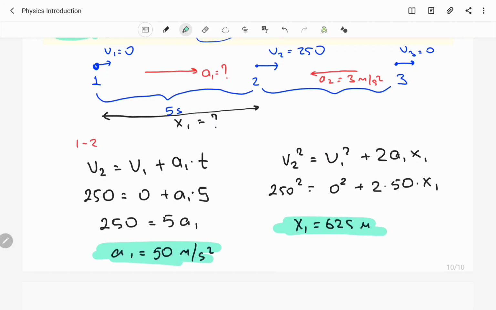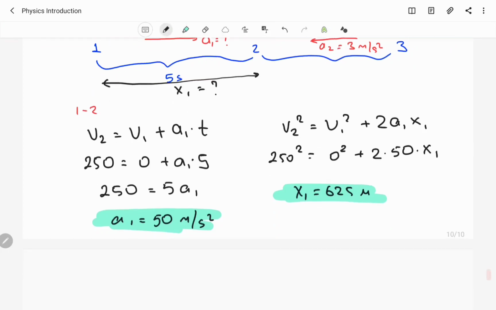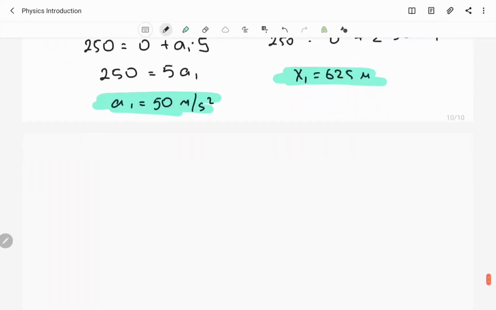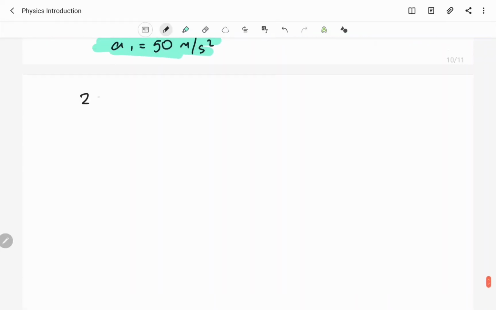Now let's write some equations between point 2 and 3. What we have: initial velocity is given for points 2 and 3, final velocity is given, acceleration is given. So we need to find the distance. Let me call it x2, also unknown. I think it's better to use equation number 2.